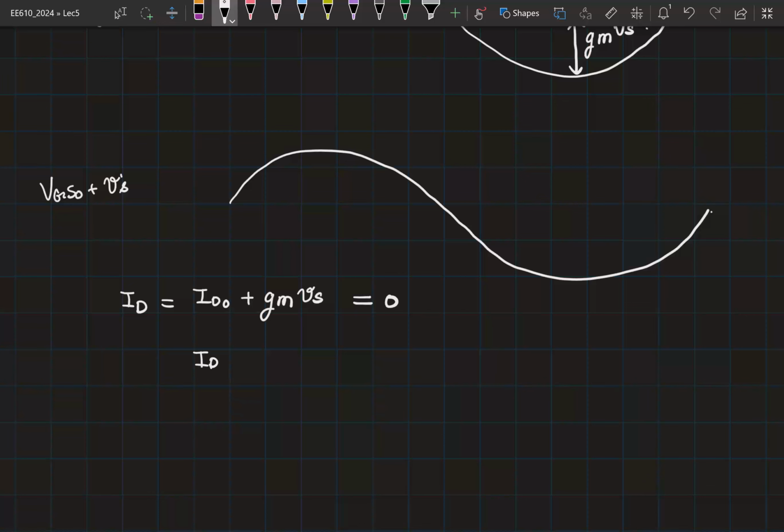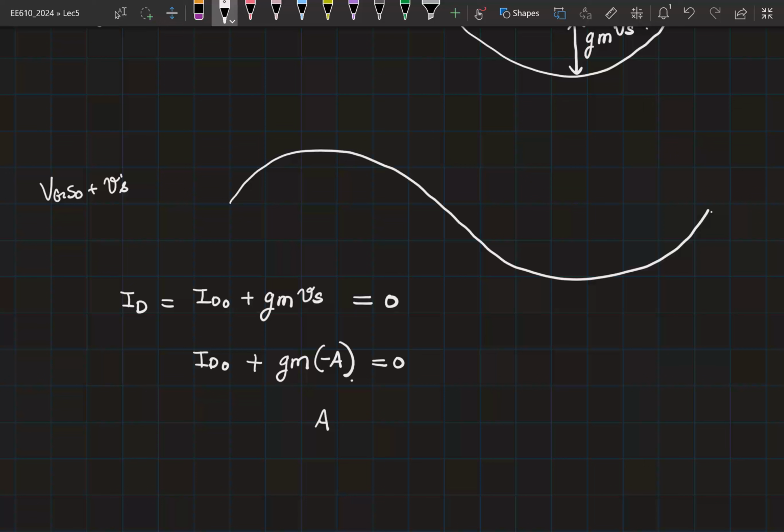You have some ID0 plus Gm times Vs. We are now solving for the negative cycle of the input. So if your input is A sine omega t, during the negative cycle, the maximum negative value it can take is minus A. This should be equal to 0. So what is the limit you get?